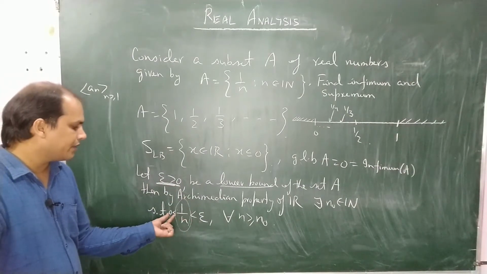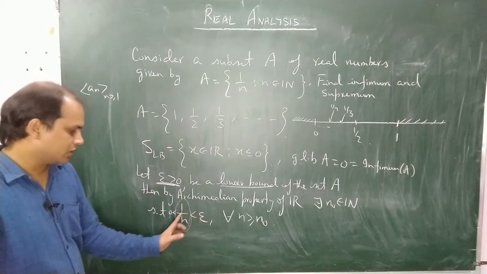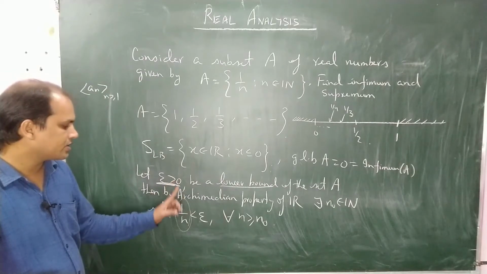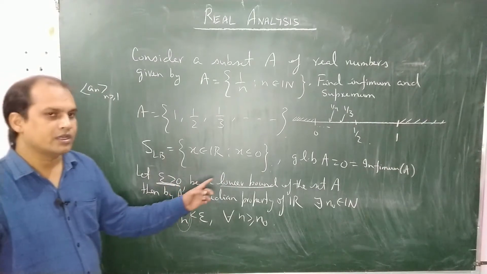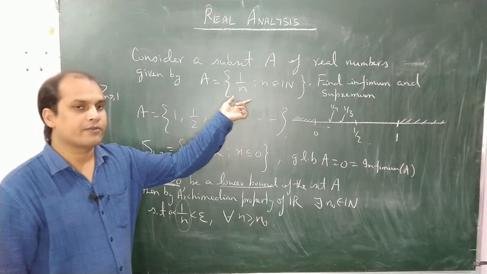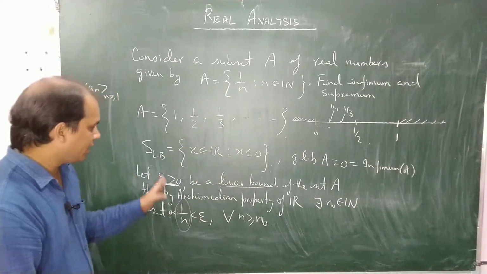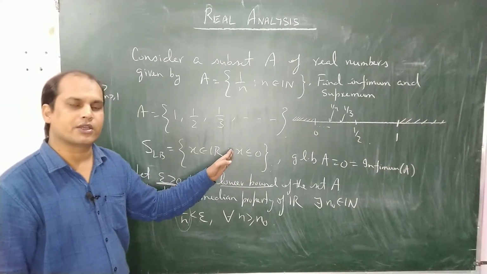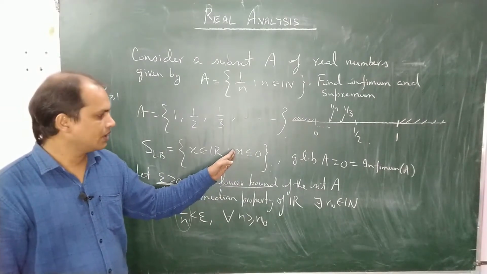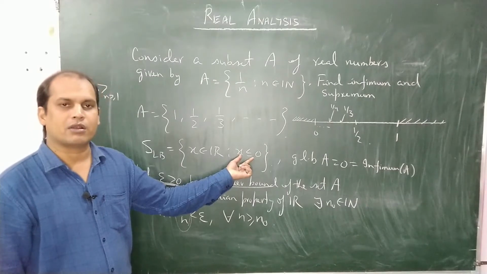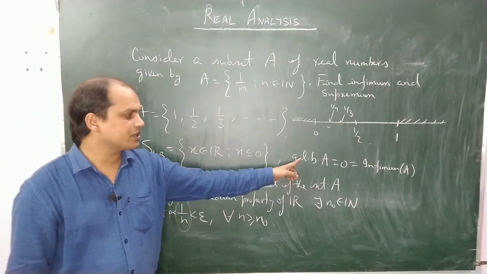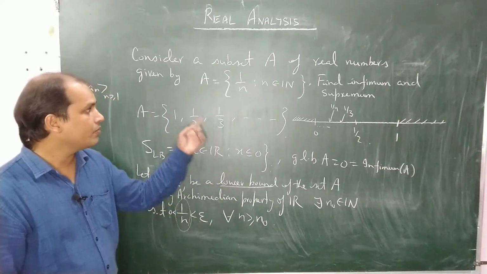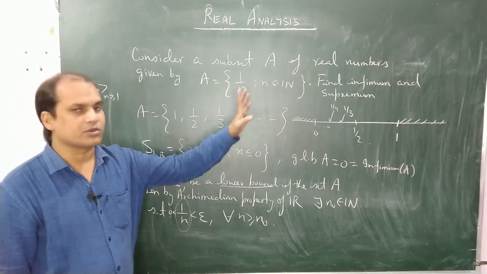So any number strictly greater than 0 can never be a lower bound for this set, and this is the reason that the set of all lower bounds will be all numbers less than or equal to 0. Among all those, the greatest one is called the infimum. So this is the reason to show that the infimum of 1 by n is 0.